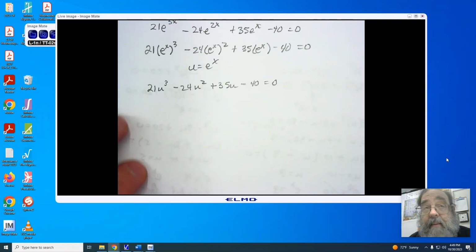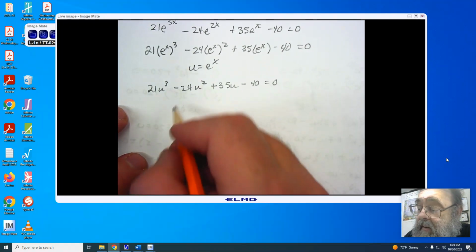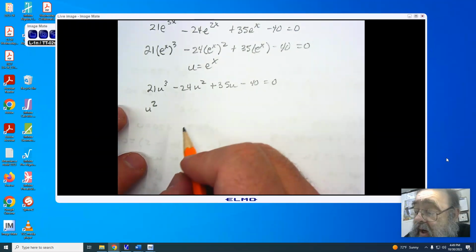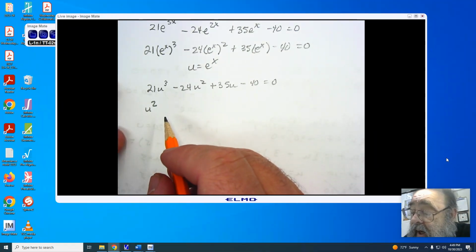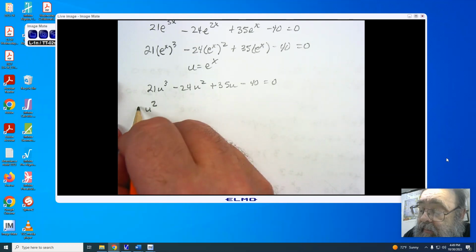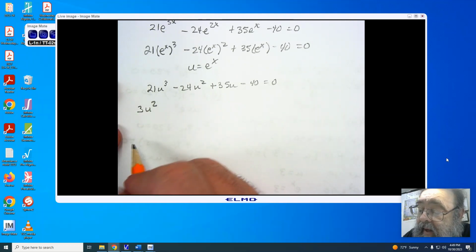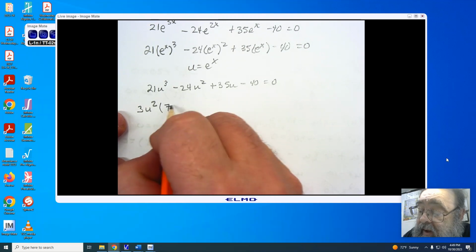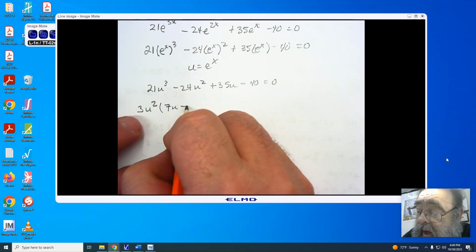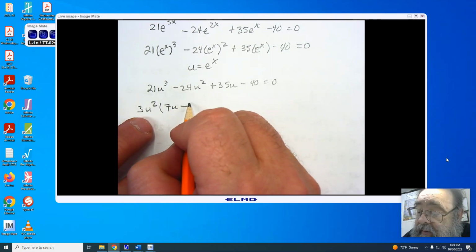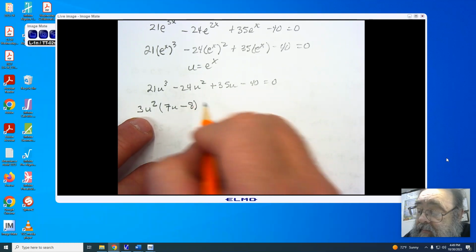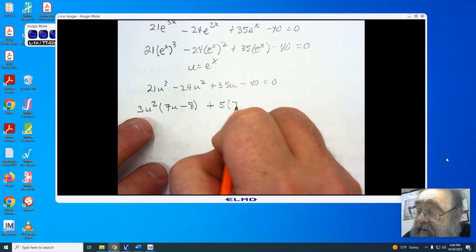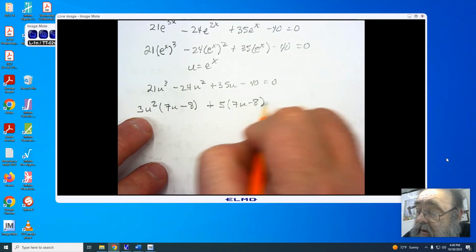I'm now going to attempt to factor as best I can. So I'm going to take out a u², and I'm also going to take out a 3. That's going to leave me with 7u − 8, plus, factor out a 5, leaves me with a 7u − 8 here.